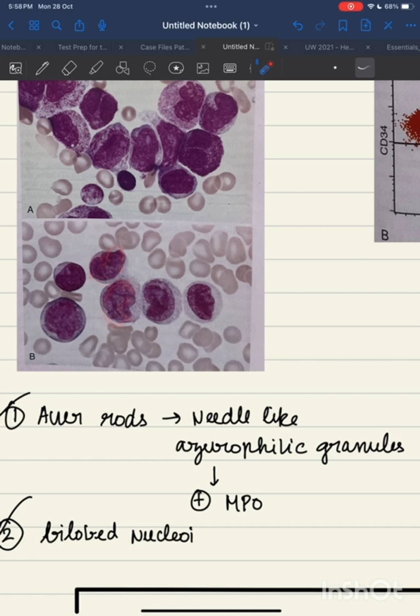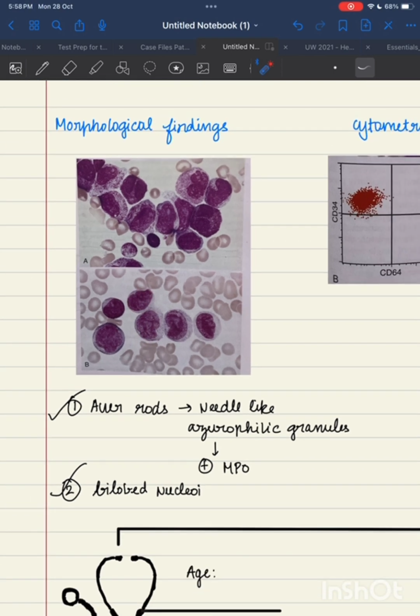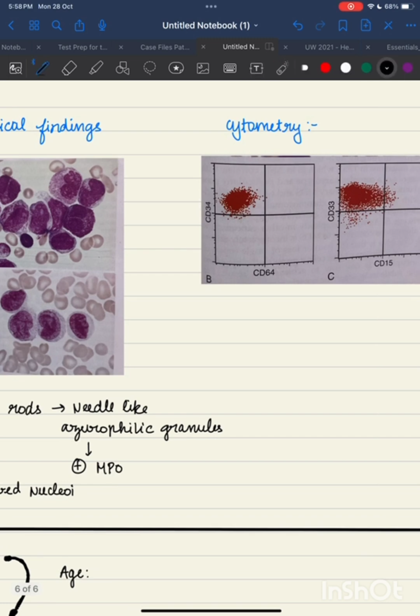And in flow cytometry, CD34 is positive and CD33 is also positive, and sometimes CD15 is also positive. These are positive in AML.